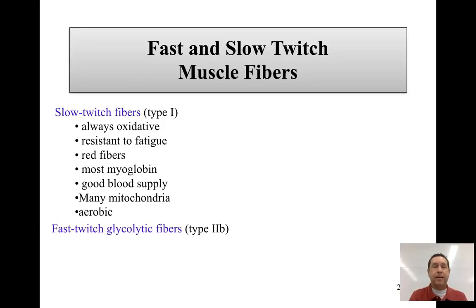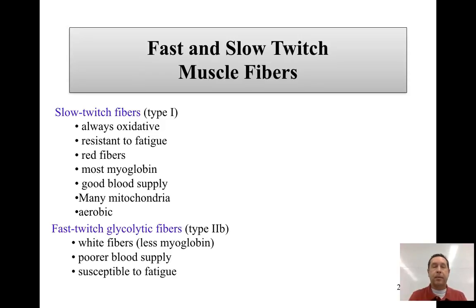And there are what we call fast twitch glycolytic fibers or type 2B fibers. These are white fibers because they have less myoglobin. Myoglobin, again, is that protein, that pigment that when it combines with oxygen has a reddish color like hemoglobin. A poor blood supply, so it's not able to get as much nutrients, as much oxygen, get rid of waste as easily.